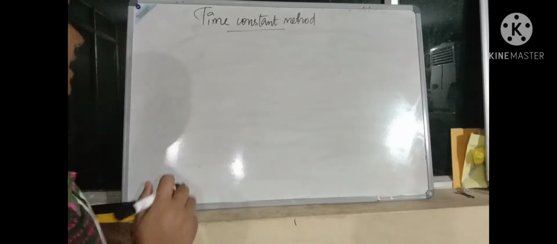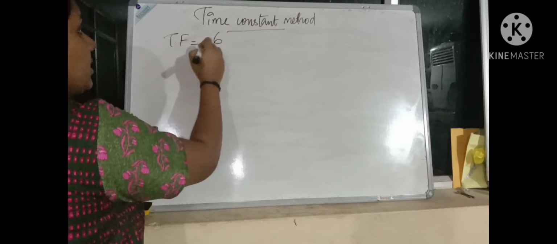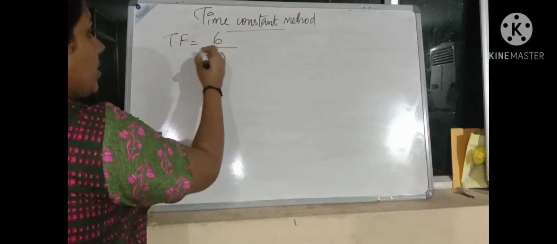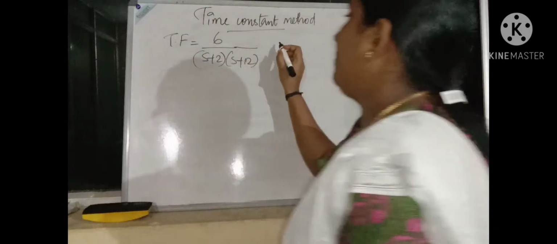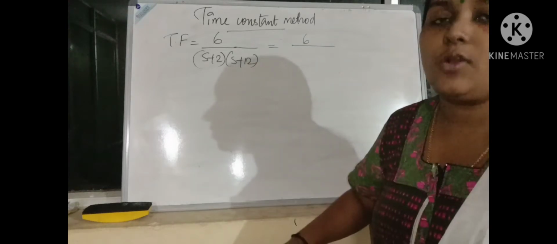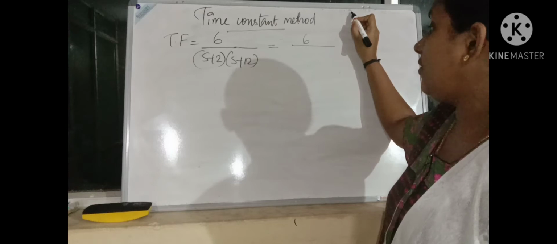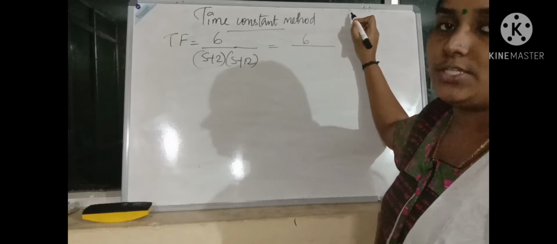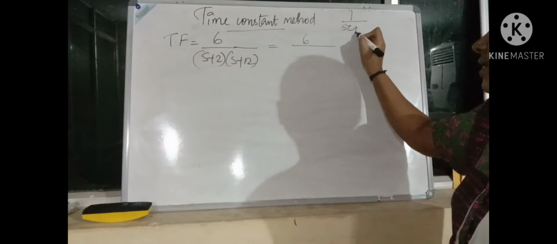Okay. Let us see one example: the transfer function will be equal to 6 by (S plus 2) into (S plus 12). Just write it down in terms of time constant. We know the transfer function in terms of time constant is 1 by (S tau plus 1), right?